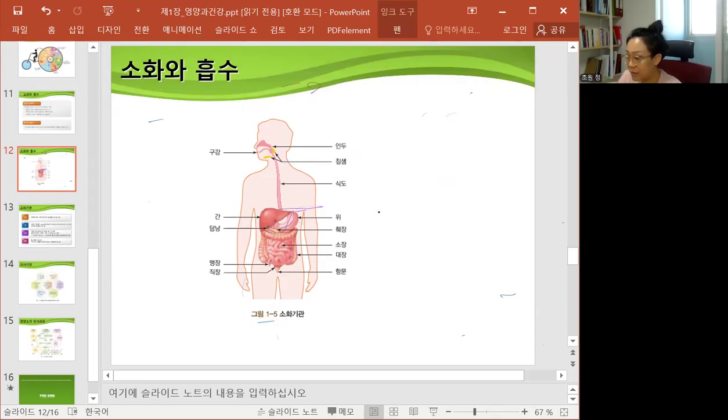For example, when you eat a piece of meat, the strong acid in the stomach unfolds and breaks apart the proteins so the enzymes can continue digestion.